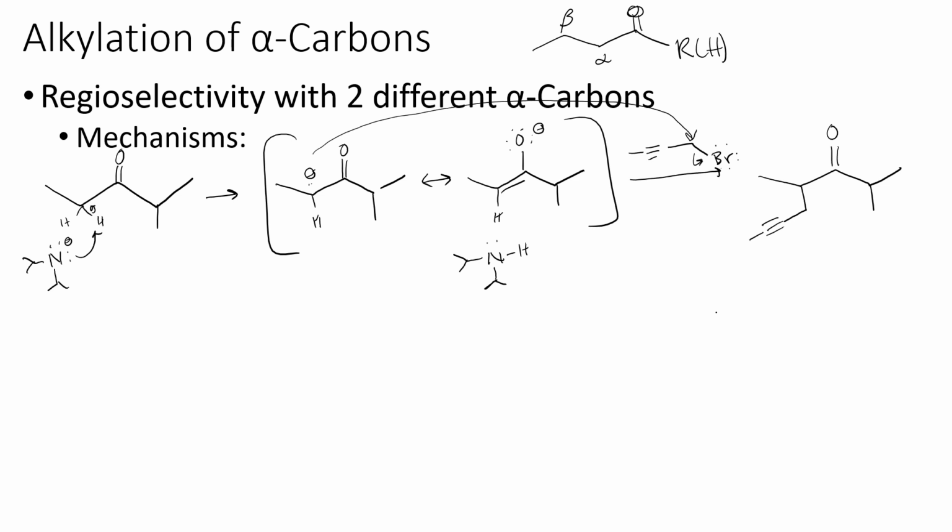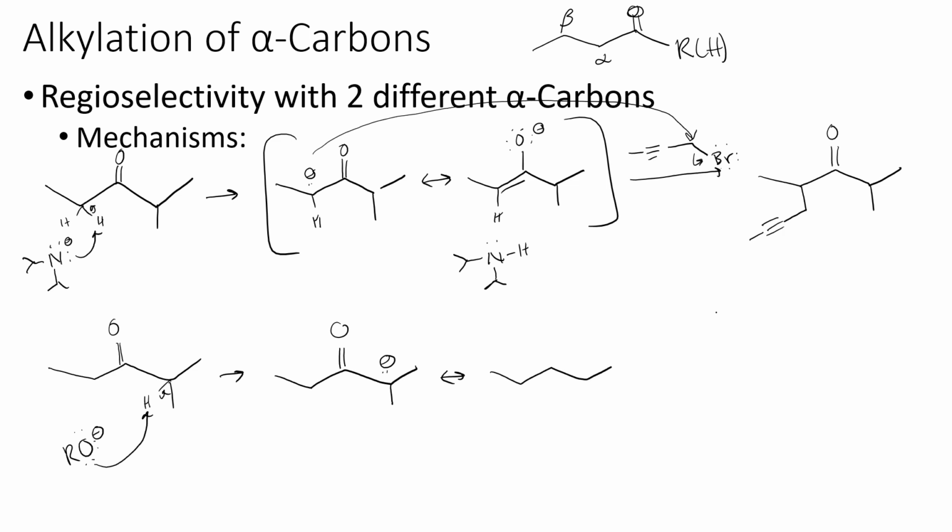The other one that we will be looking at then, if we're dealing with our alkoxide base, the RO minus will come in and now deprotonate the more substituted side. Which again, the enolate anion is stabilized through resonance.